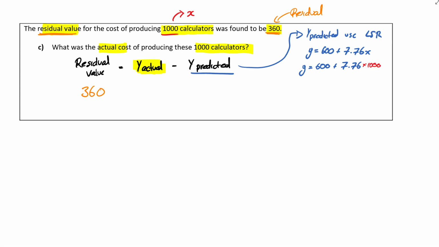That means what we're going to get out here is 8360. Now, as we continue writing this in, we're trying to find out what the Y actual is. We're subtracting the predicted, which is 8360.